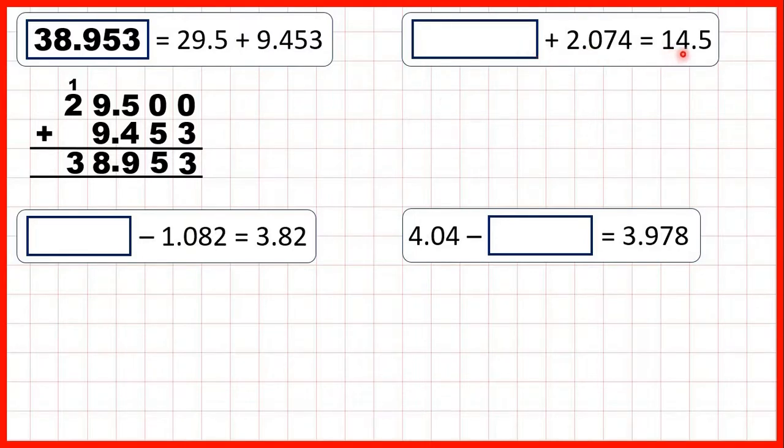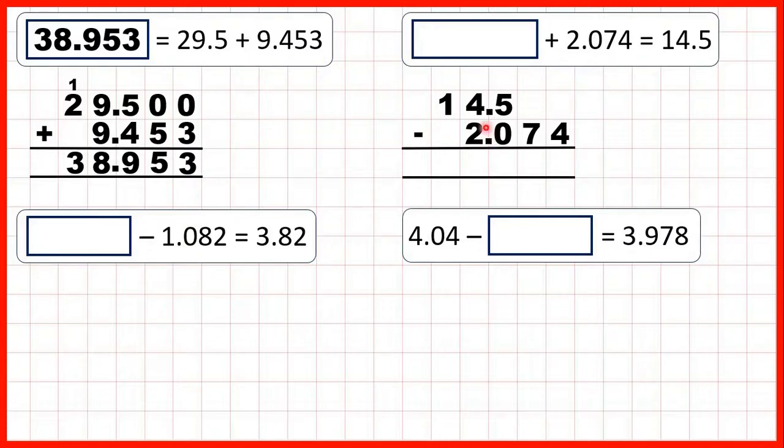We need to work out 14.5 minus 2.074. So we have our decimal points lined up, which means the place values in our question will be lined up as well. We can write zeros in these empty squares and copy the decimal point down into our answer. Now we can't do 0 minus 4, and if we go to the left we have a 0.